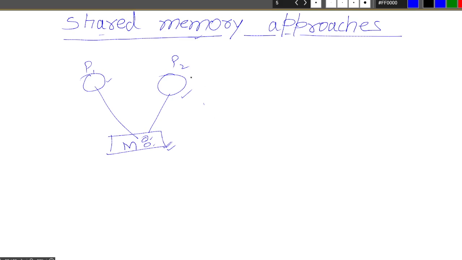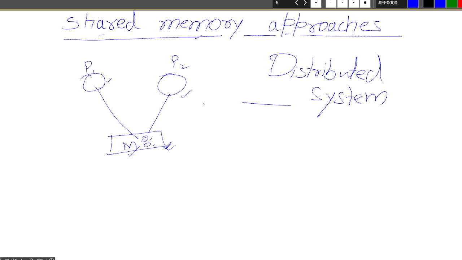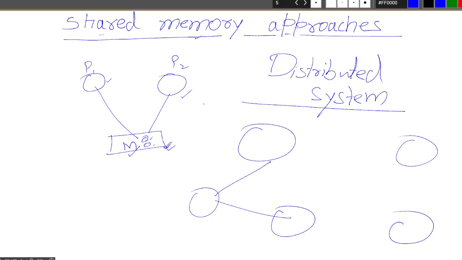Now, another thing I was telling you: in a distributed system, there is a memory, and multiple processes are trying to access it, so this is a shared memory, no problem. In case of a distributed system, what will happen? You have nodes which are apart from each other, connected with a network. So how will this distributed shared memory be used?